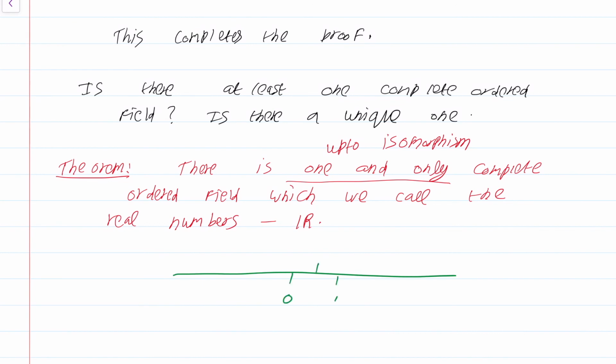We want to plug these holes, right? Whether the final structure that plugs these holes is an ordered field, or a complete ordered field, or a topological space, or a donkey, is completely irrelevant to us. We want to somehow fill all these holes. Now we have filled all these holes, but how do you know that what you got in the end, the real numbers, has anything to do with the line that you started off with?